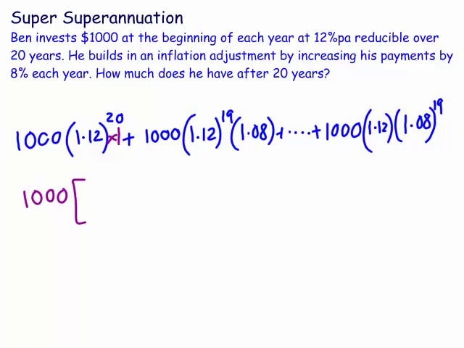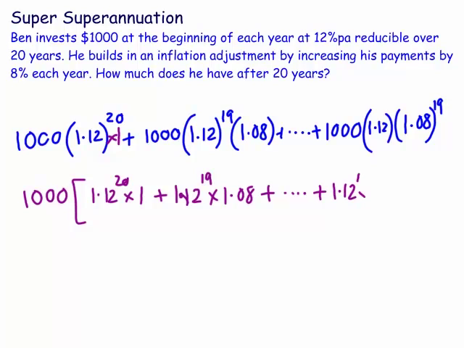Now we're going to get 1.12 to the 20 times 1, plus 1.12 to the 19 times 1.08, plus, and so on, up to plus 1.12 to the power 1 times 1.08 to the 19.